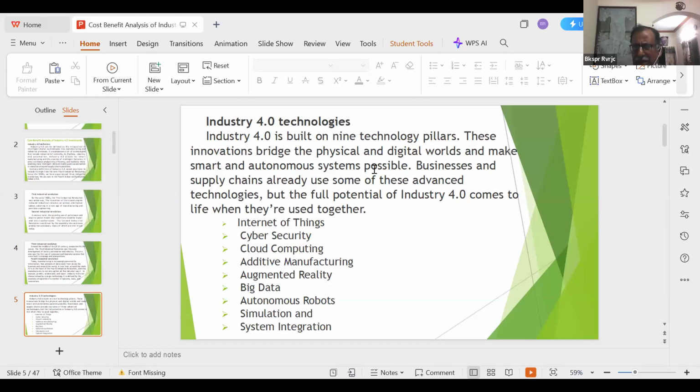That is, different technologies like Internet of Things, cyber security, cloud computing, additive manufacturing, augmented reality, big data, autonomous robots, simulation, and system integration.